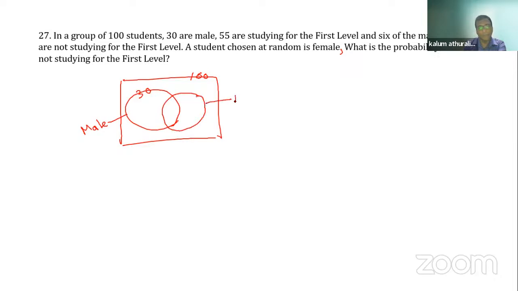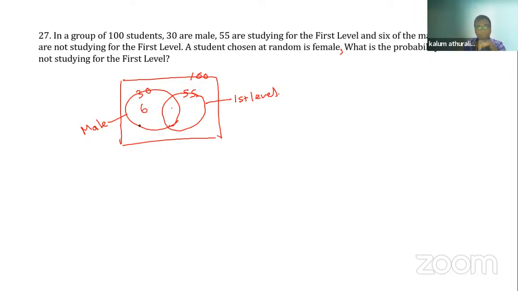Six of the male students are not studying the first level. In this area, the male students did the first level. In this area, male students are not studying for the first level.